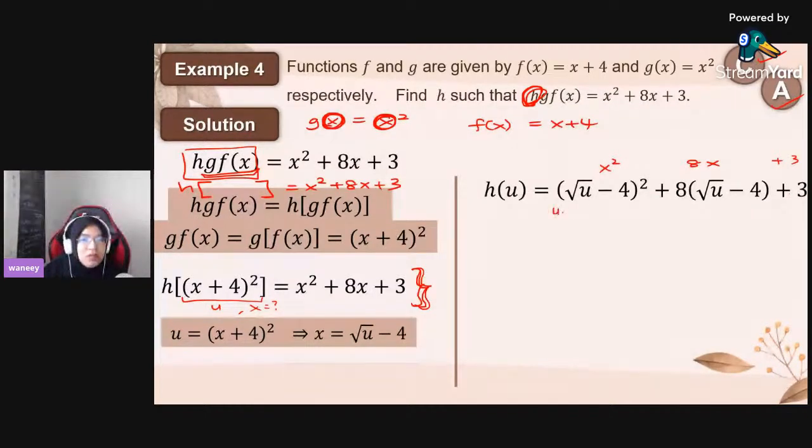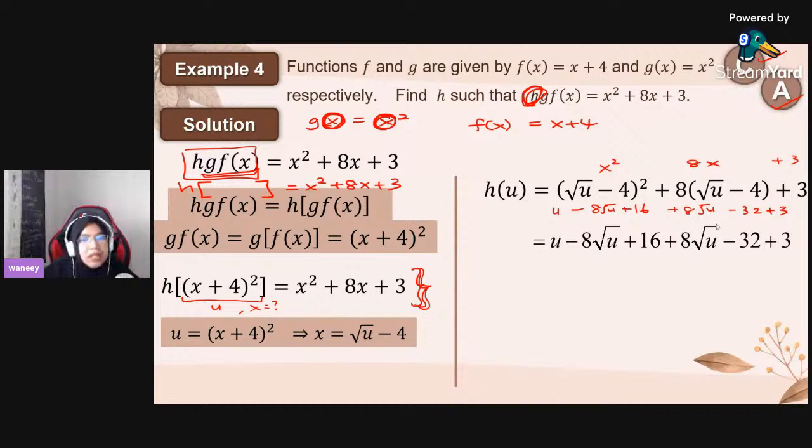So this is u minus 8 square root of u and then plus 16. And then this one over here, this is 8 square root of u minus 32 and then plus 3. So simplify them. Okay, so once you simplify them, they will become u minus 13.